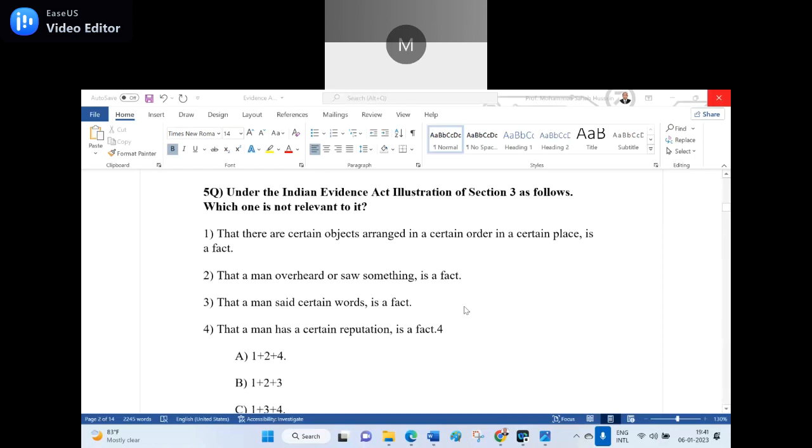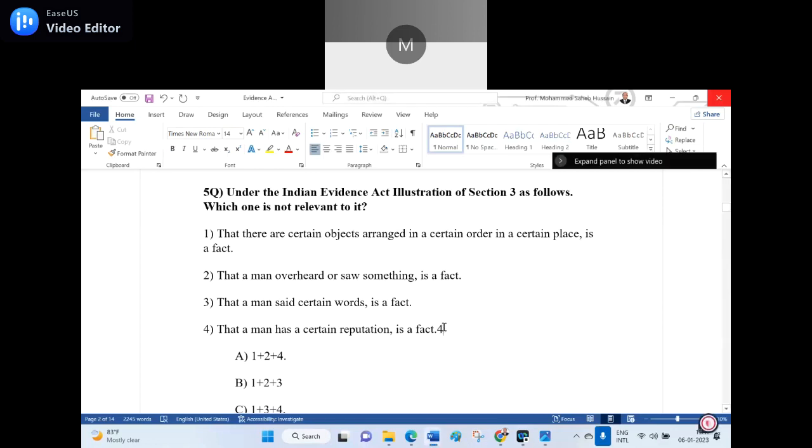Okay, now fifth question. Under the Indian Evidence Act, illustration section 3 as follows. Which one is not relevant to it? In the illustration of section 3. Number 1, that there are certain objects arranged in a certain order in certain place is a fact. Number 2, that a man overheard or saw something is a fact. 3, that a man said certain words is a fact. 4, that a man has a certain reputation is a fact.